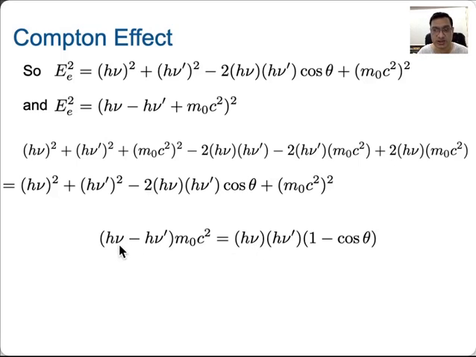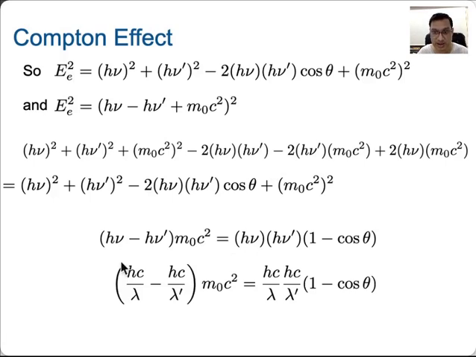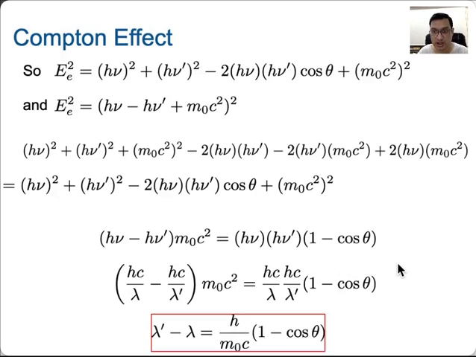Now I can write this frequency in terms of the wavelength. So this is what I have written in terms of the wavelength. Now if you take this hc from this side and hc from this side, they will cancel out. So what you have got at the end of the day, if you simplify the whole thing, is λ′ − λ, or you can say Δλ, is equal to h divided by m0c times (1 − cos θ).